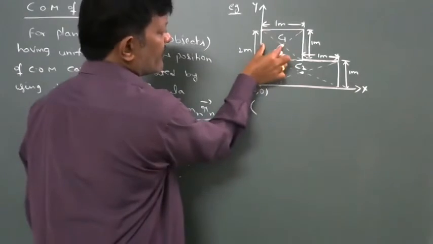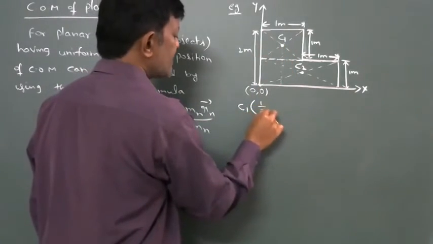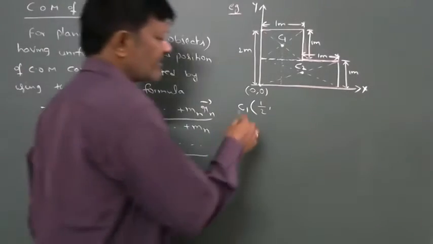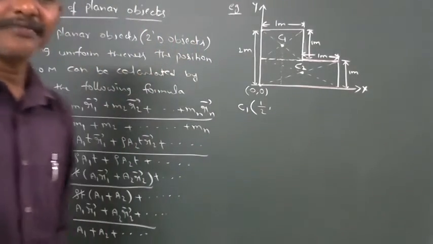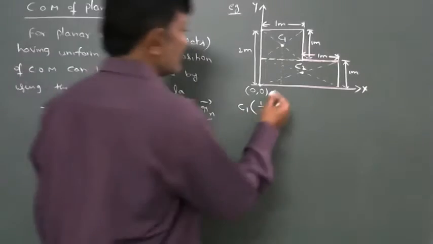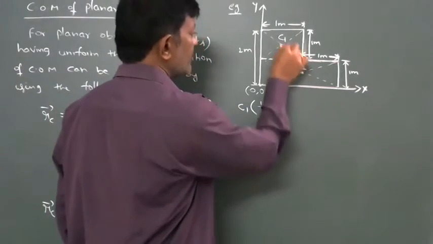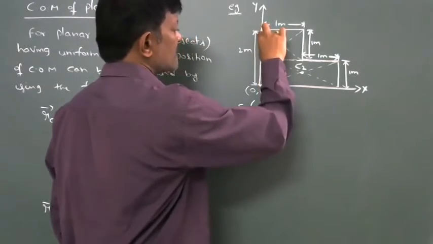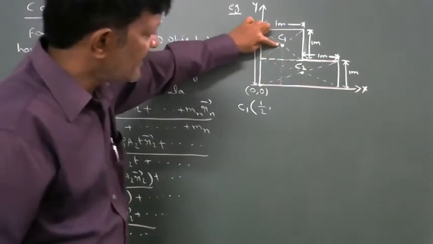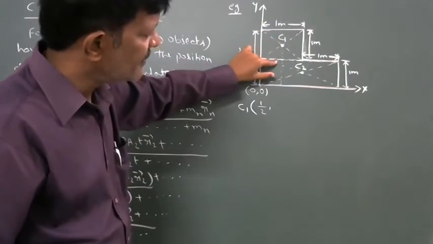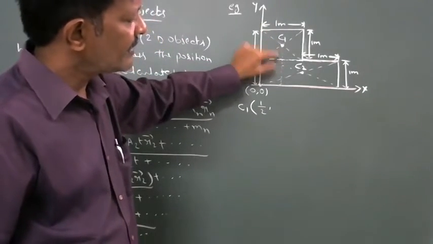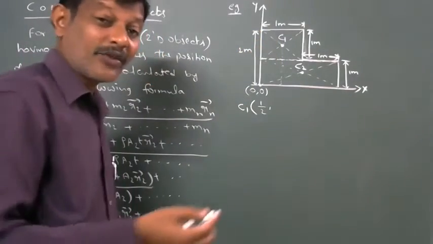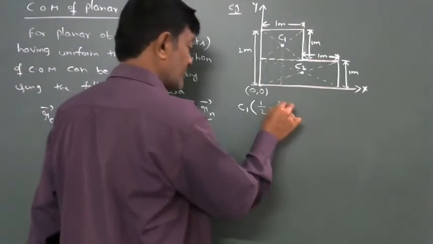Y coordinate means the perpendicular distance of C1 from the x-axis. This length is 1 meter and this length is also 1 meter, but C1 is at a distance of half meter from this side of the square. Therefore this is half plus this is 1, 1 plus half, 1 and a half, that is 3 by 2.